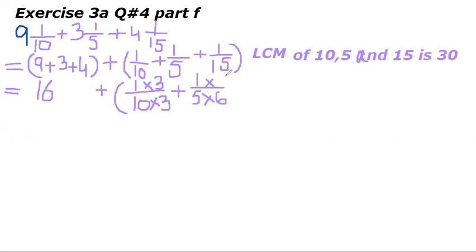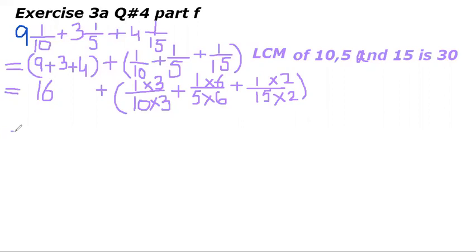We have to multiply 6 in the numerator as well. Plus 1 upon 15. 15 how many times gives us 30? 2 times. We need to multiply 2 in the numerator also.